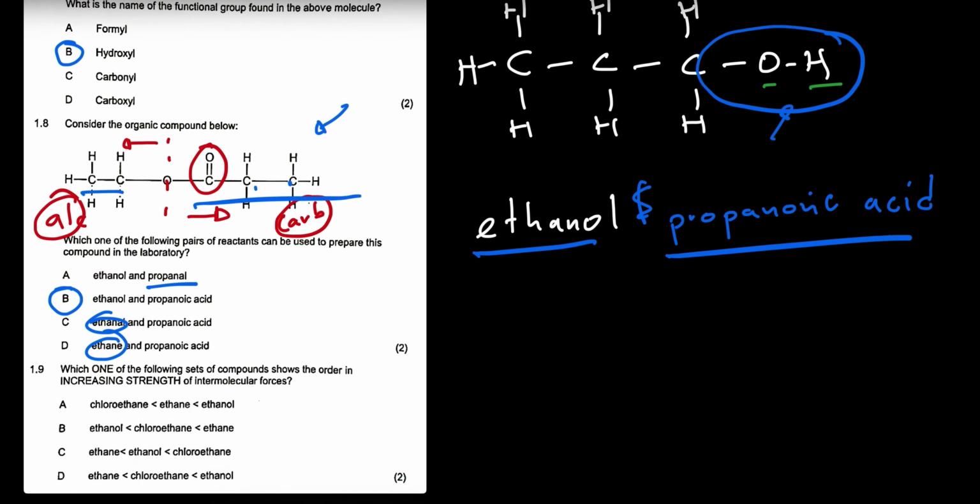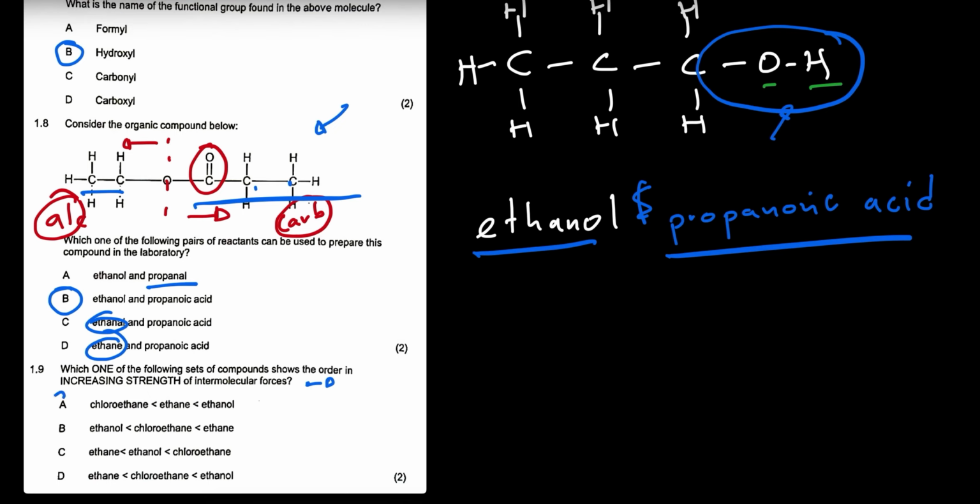So now 1.9, it says, which one of the following sets of compounds shows, in order, increasing strength of intermolecular forces. So now we must look at these options to see which of these is actually correct in comparing the strength of intermolecular forces between different homologous series.